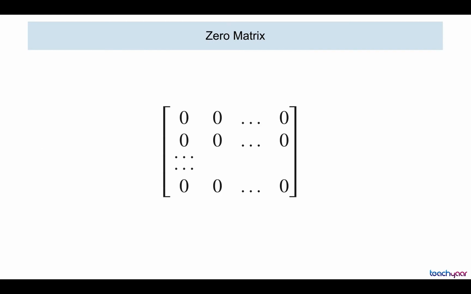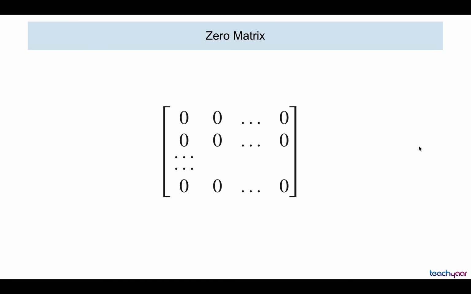Okay. Now a different kind of matrix that you see here, and it's a fairly important matrix, is a zero matrix. Now you'll see where this is used as you start understanding identities of matrix addition and multiplication and so on. But a zero matrix, as the name suggests, is a matrix full of zeros. It's also called a null matrix.